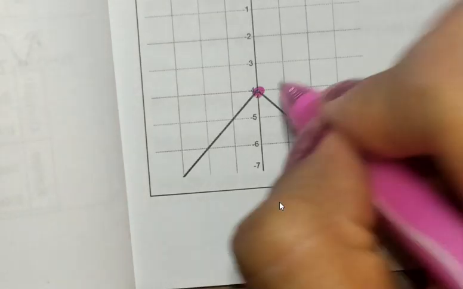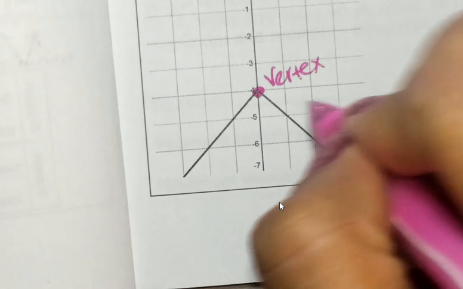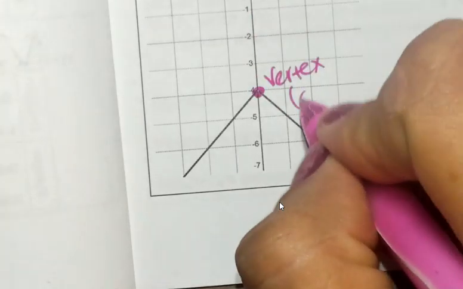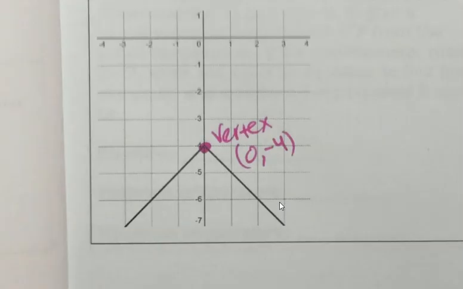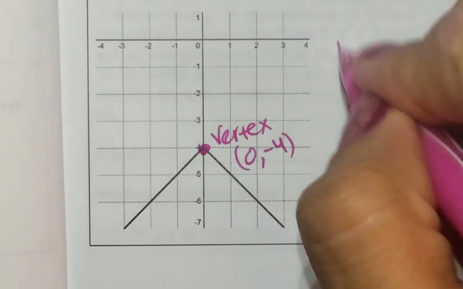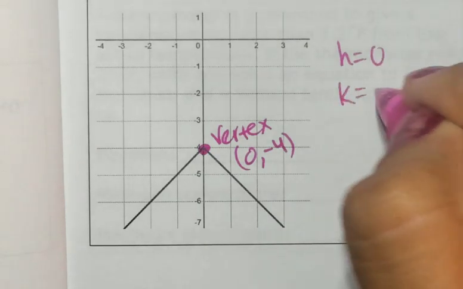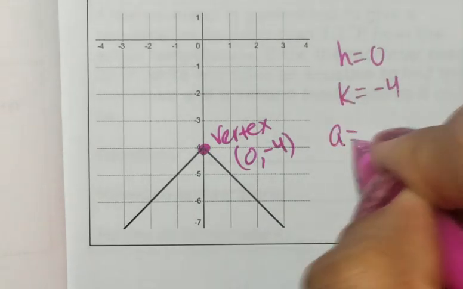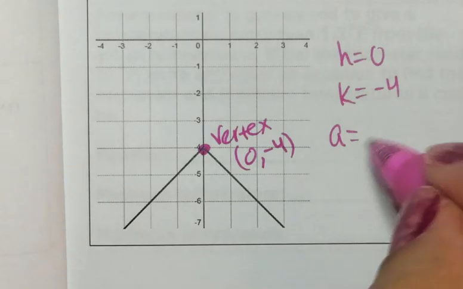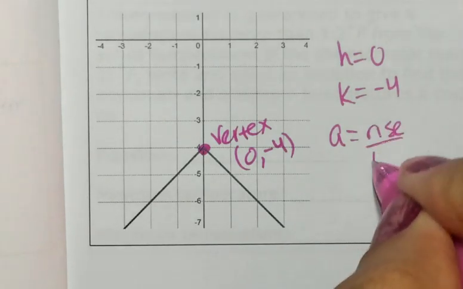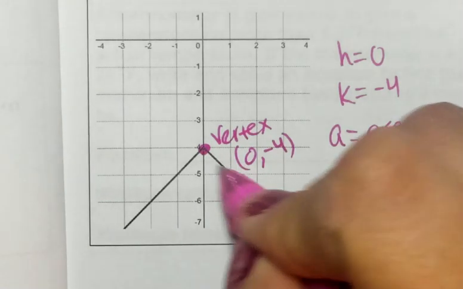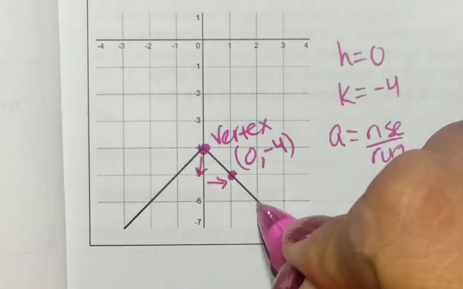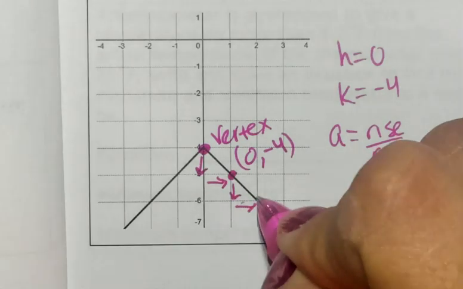On this one, we have a vertex right here. The values are 0, negative 4. So that confirms that we will have an h value of 0 and a k value of negative 4. To calculate the a value, we do rise over run. From this point to this point, it looks like it just went down 1 and over 1. Notice that it's following that pattern, 1, 1.